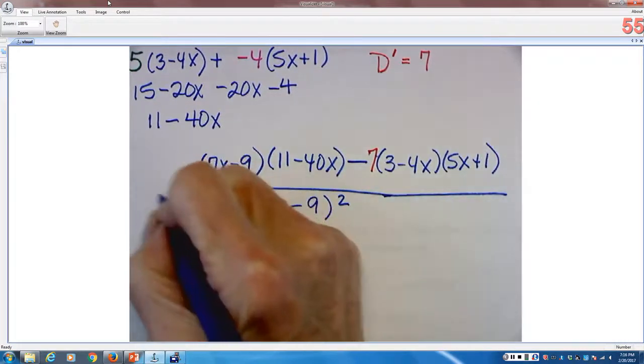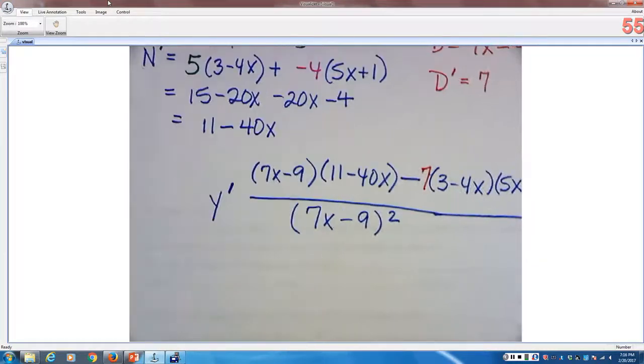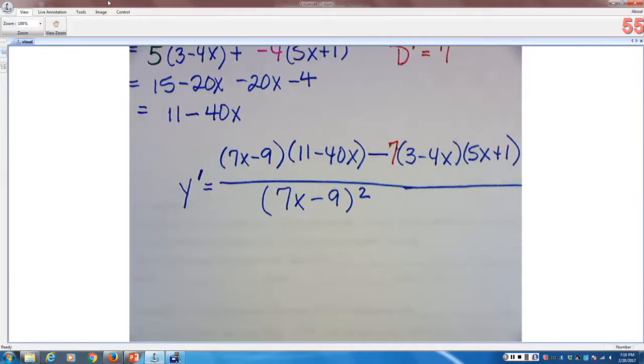So this is your y prime, or the way the textbook has listed it out is d over dx, but you can call it whatever you want to. So there's your derivative.